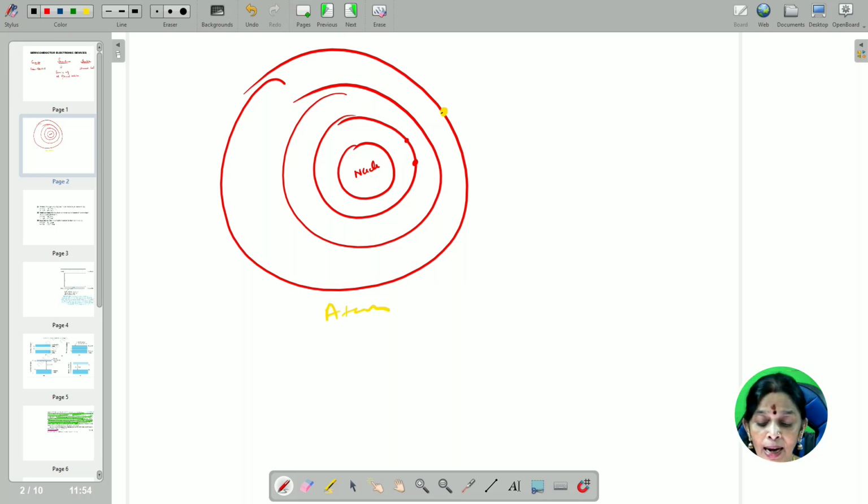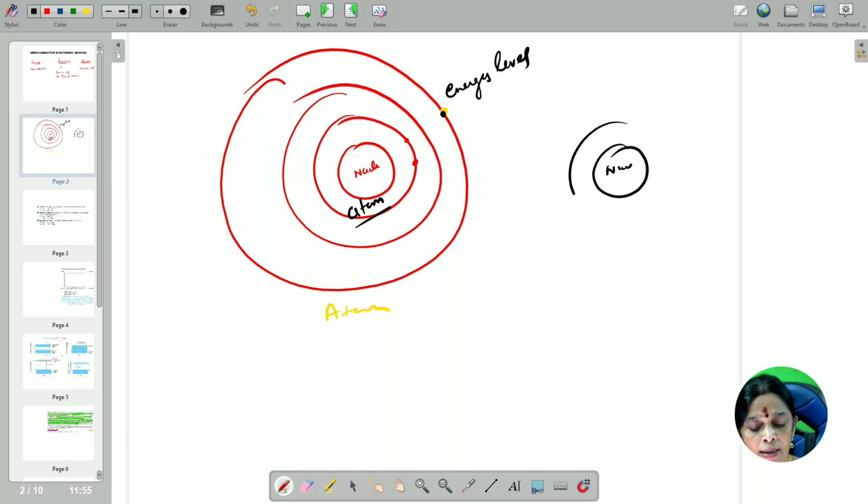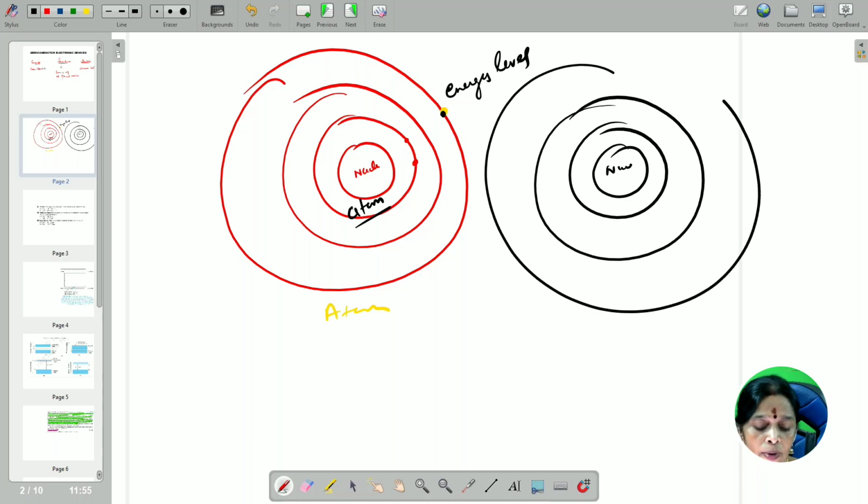Each electron carries its own energy, therefore it has its own energy level. But suppose instead of only one atom, I take another atom, and these electrons revolve around the nucleus.